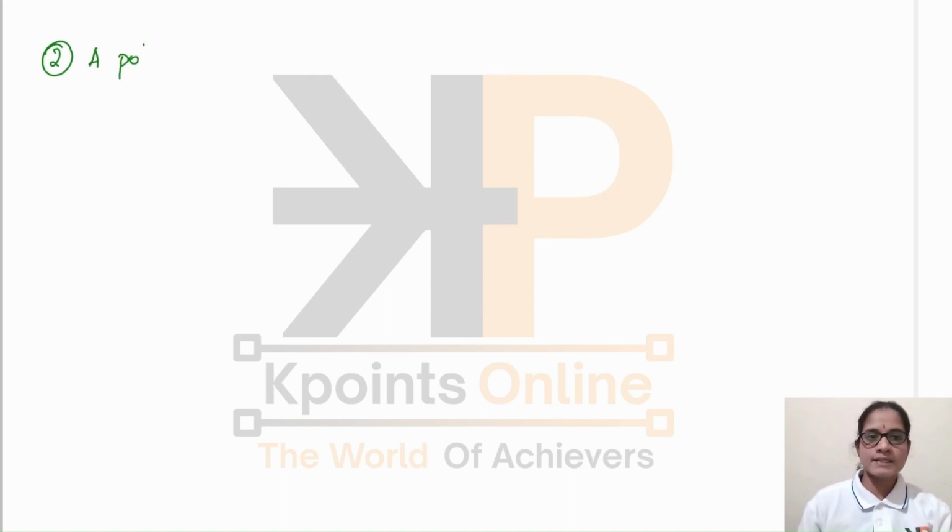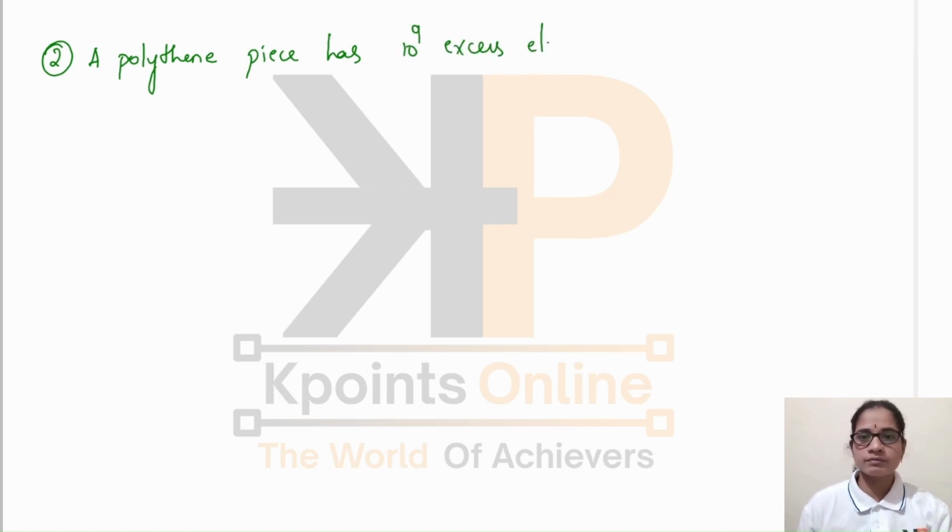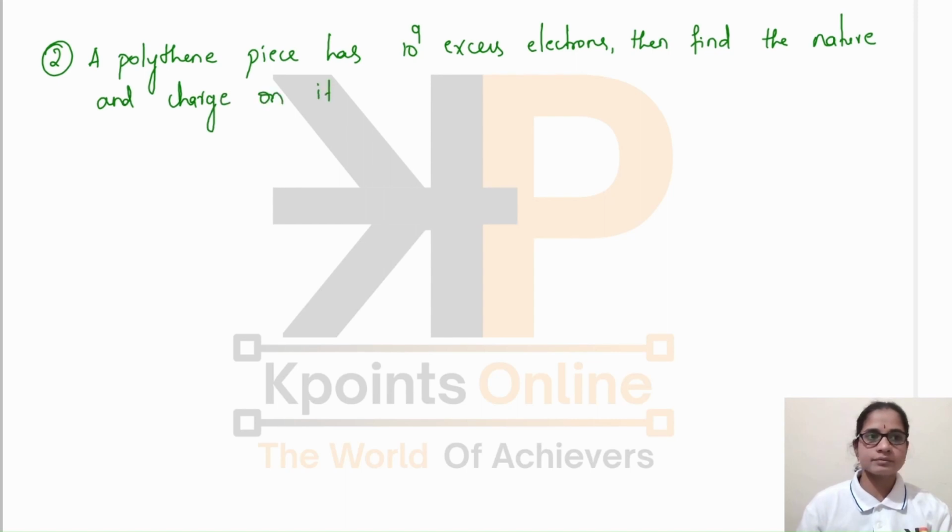A polythene piece has 10 raised to 9 excess electrons. Then find the nature and charge on it. We have to solve this.